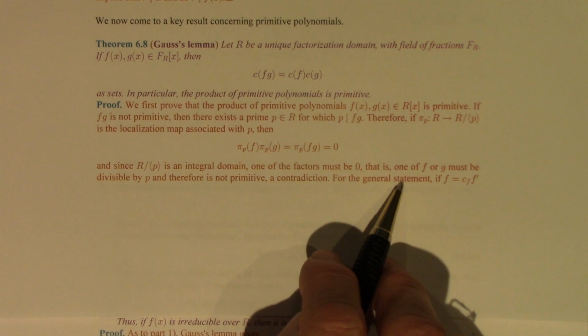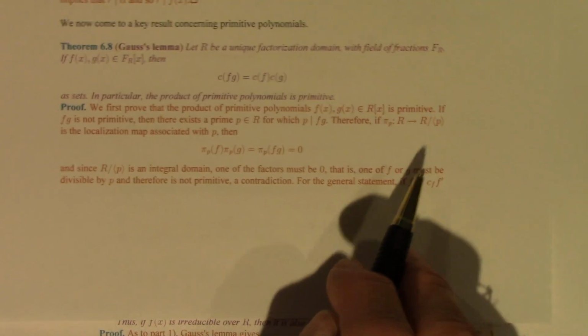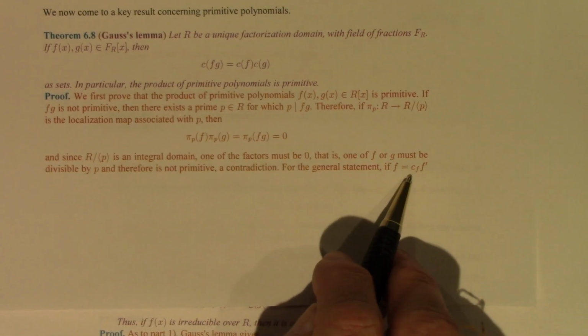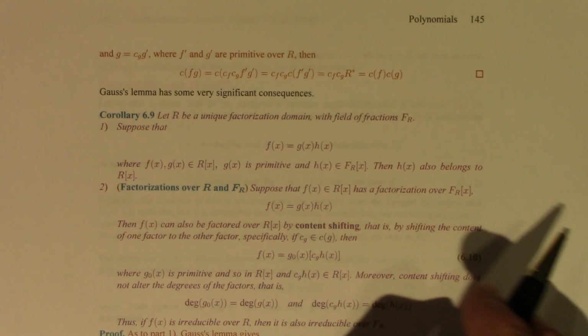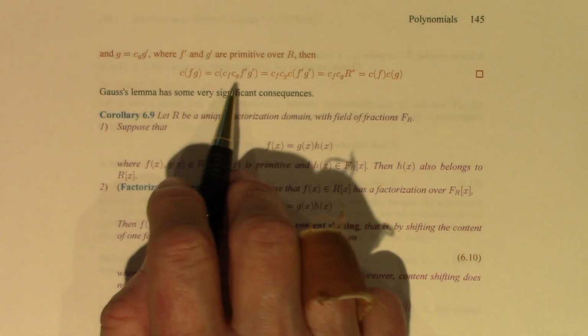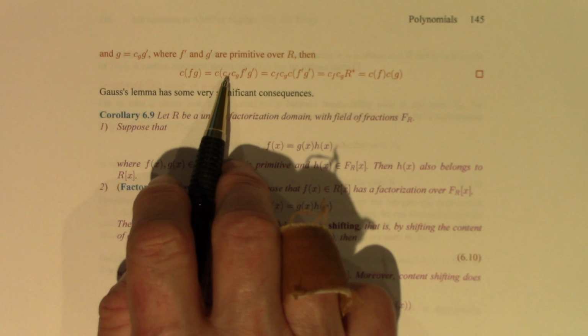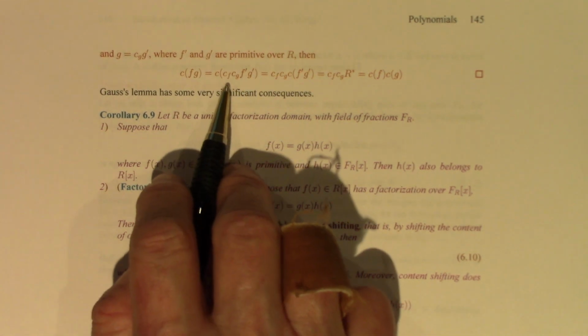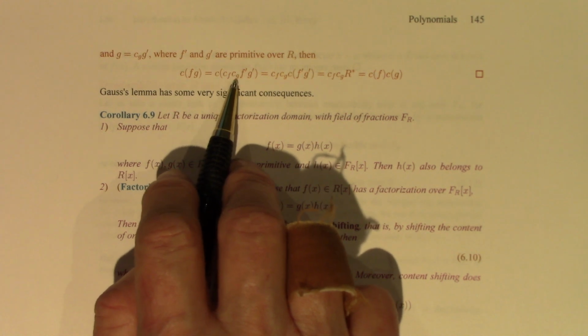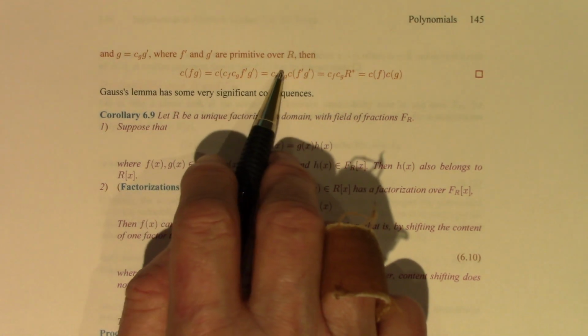And for the general statement, we can write f as the content of f times f prime, where f prime is primitive. Do the same thing for g. The content of fg is then the content of c_f c_g f prime g prime. By part 1 of the previous result, the constants come out in front.